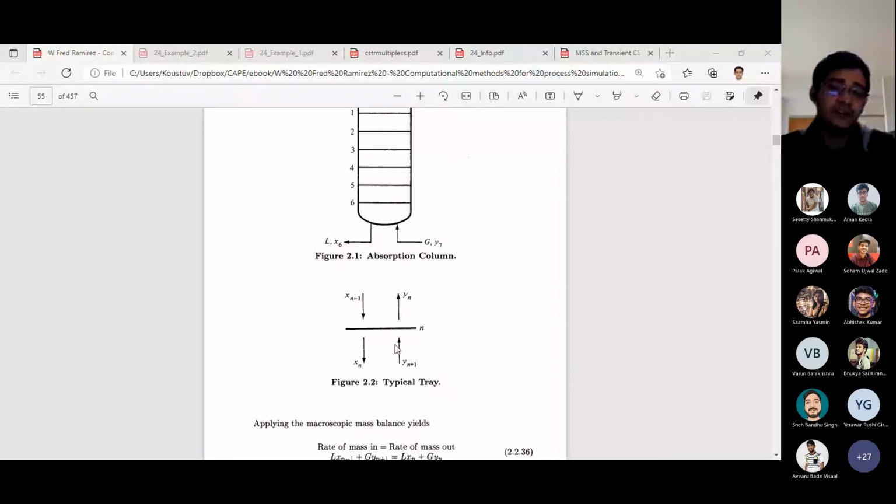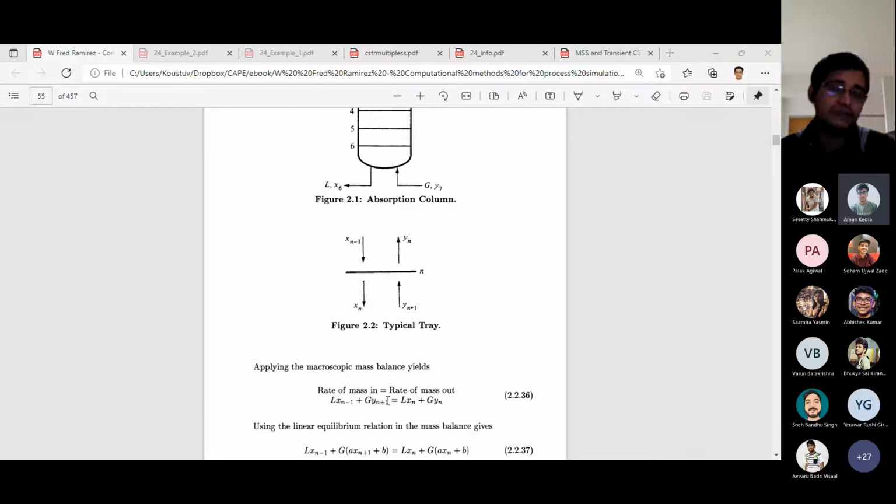So just giving you some idea that basically this is what is happening across the typical tray. If we write it, it is like this, and we just have to write the mass in equals mass out. That is, we are making a balance across the solute.